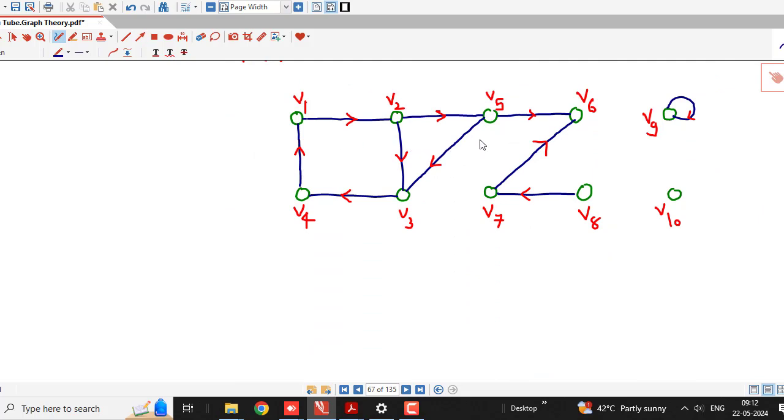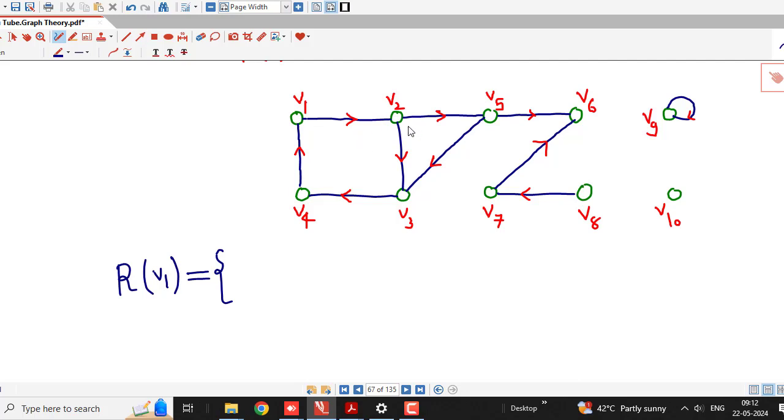Here we have taken a diagram with 10 vertices or nodes. Now suppose we are interested in the reachable set of node v1. Then we have to collect all those nodes from the given graph which are reachable from v1. That is, we have to decide all those nodes for which there exists a path from v1 to that node.